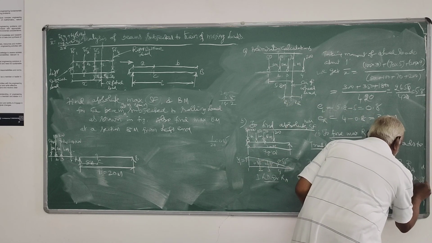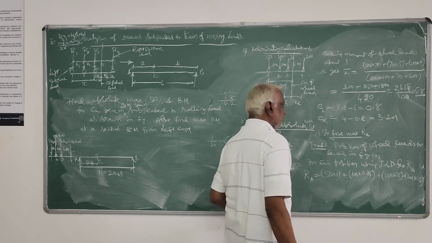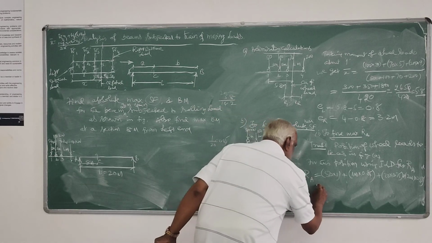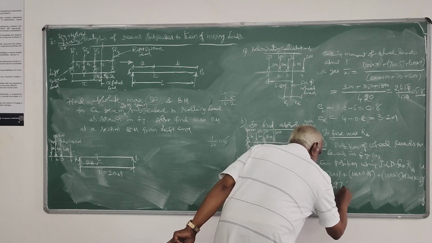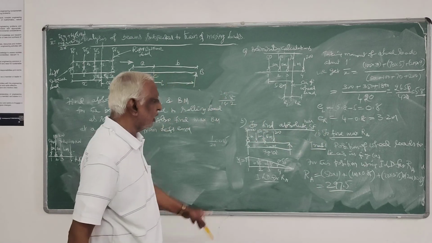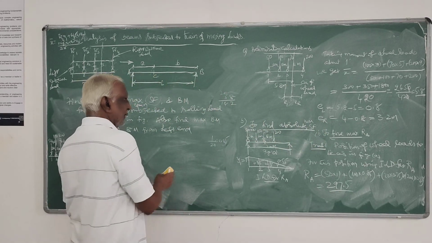So you get the trial 1 shear force, 297.5. So this is RA for trial 1.